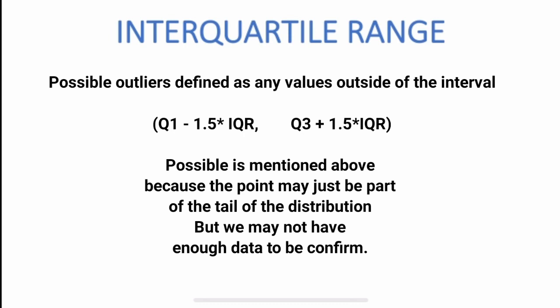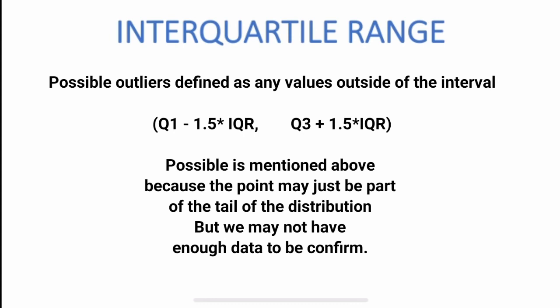Let's start with the definition. The possible outliers are defined as any values outside of the interval. And what is this interval? The interval is Q1 minus 1.5 multiplied by IQR, that is our interquartile range, which is considered the lower bound or the minimum. And the other is Q3 plus 1.5 into IQR, which is the upper bound.